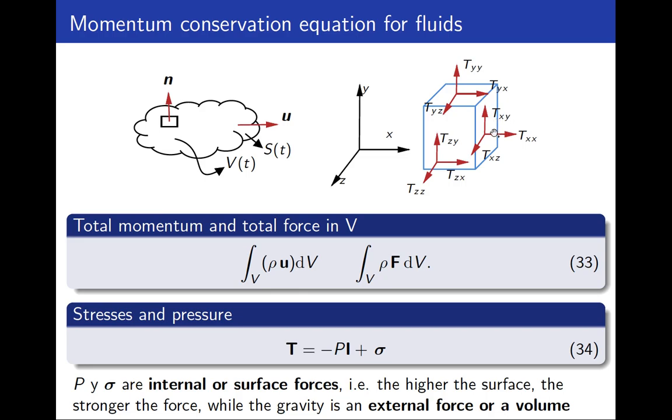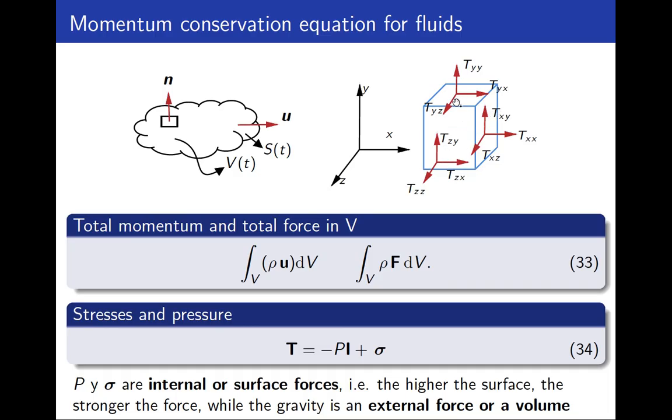Doing a similar analysis, we are applying a force over this area, so the normal will point out in the x direction, but the force now is being applied in the y direction. That's why we have this element here, and then we have another contribution in the z direction. So the force is being applied in the z direction, but also over this surface where the normal is pointing out in the x direction.